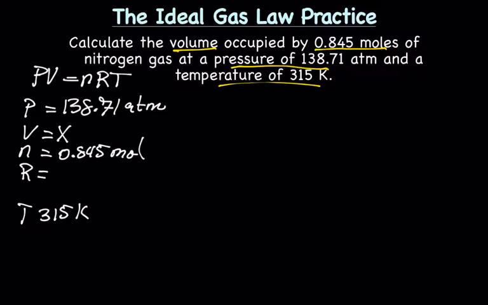So all we need to do now is figure out which R to use. Remember, to figure out the R, we need to know our pressure unit, which is atm. So now let's go check it out.